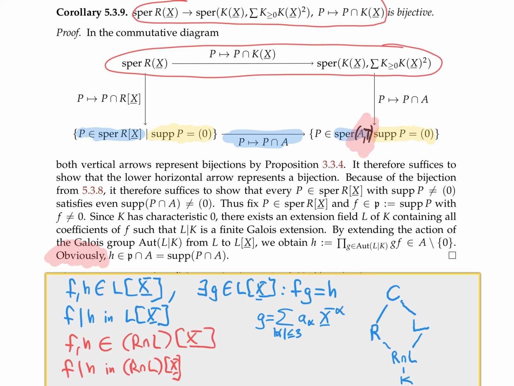Therefore this system of linear equations is also solvable over R intersected L. So there is a G tilde in R intersected L satisfying the same thing, because there are some A alpha tilde.